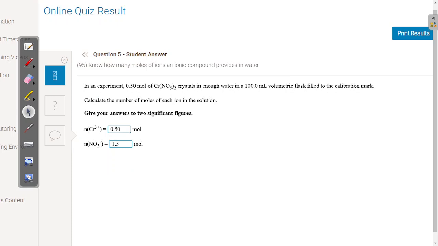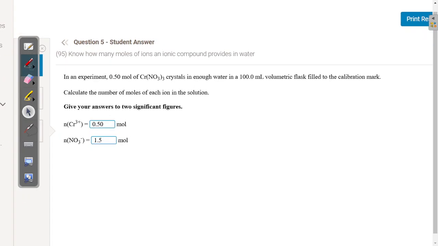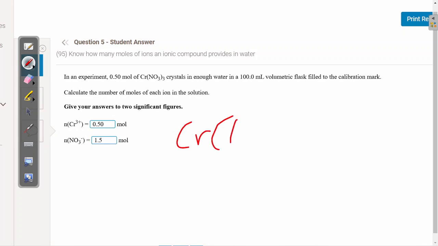In an experiment, 0.5 moles of chromium nitrate crystals is dissolved in enough water in a 100 milliliter volumetric flask, filled to the calibration mark. Calculate the number of moles of each ion in the solution. Okay, so let's write the equation first. Cr(NO3)3 will give, you reverse crisscross, so you bring the 3 up here.